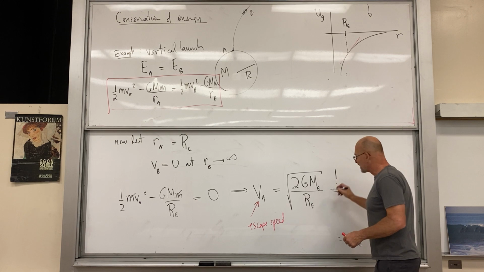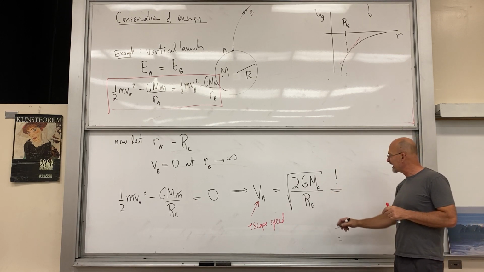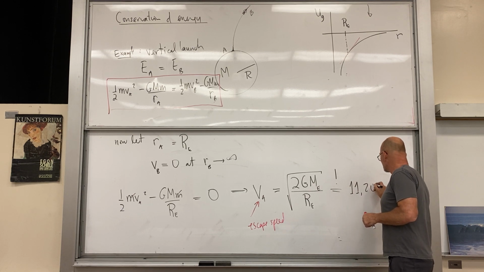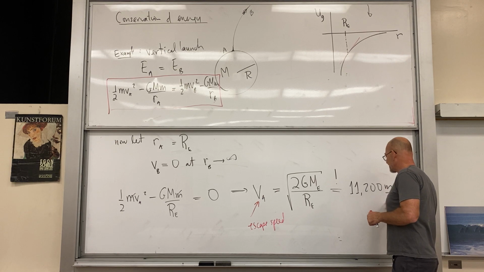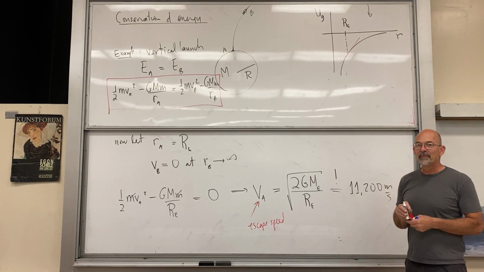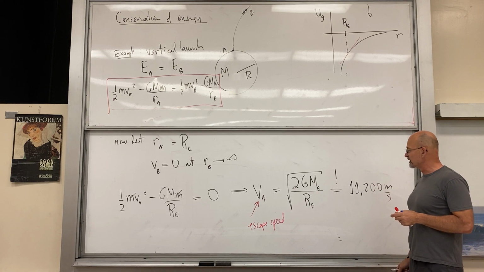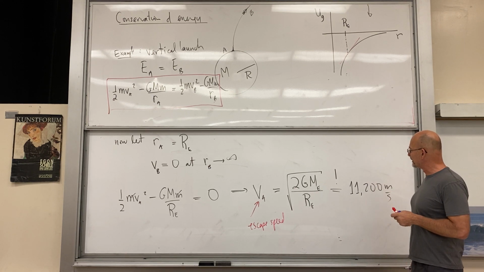Now this is one you guys should also look up and plug in. It's approximately 11,200 meters per second. So it's a bit higher than the orbital speed I talked about the other day. It's actually the square root of 2 times the orbital speed, as a matter of fact.